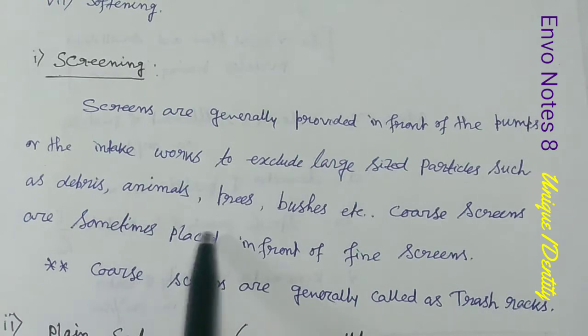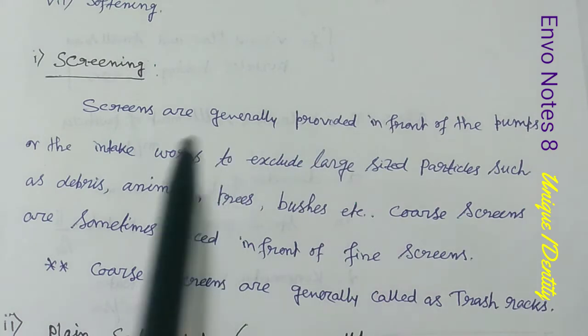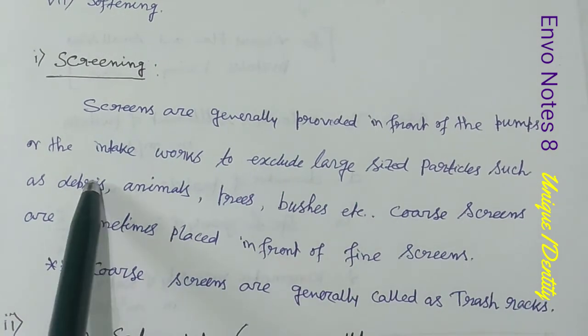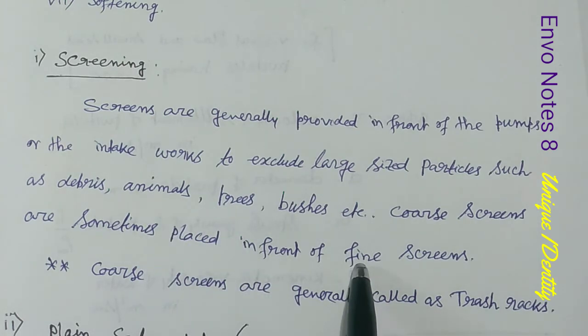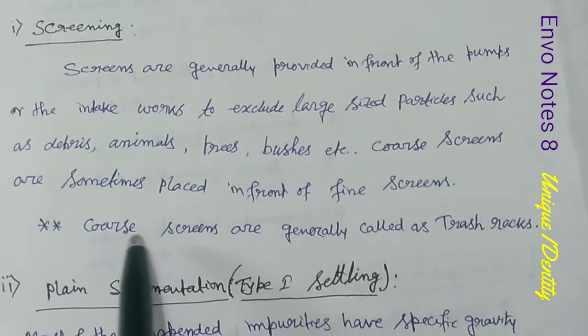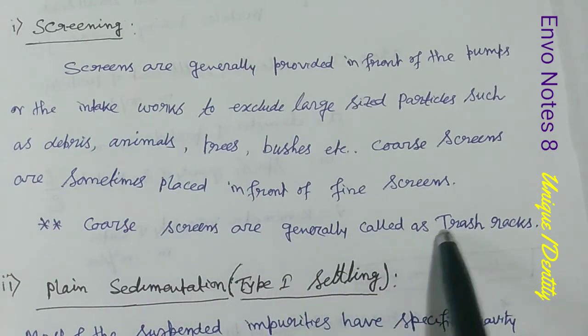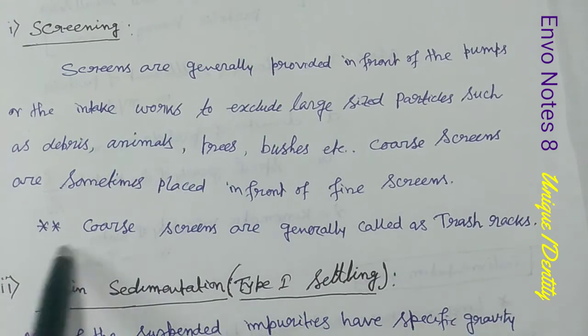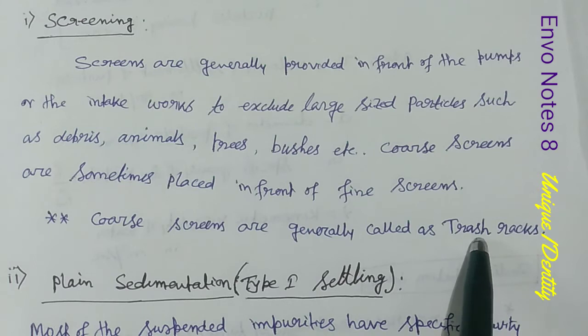Also, coarse screens are sometimes placed in front of the fine screen, because you know, by coarse screen, first this large size of objects are being removed, then the water will pass through this fine screen so that the small size particle will be removed. Okay. Here I have given a one-liner that coarse screens are generally called as trash racks. Okay. You please note this line because it may be asked in examination.